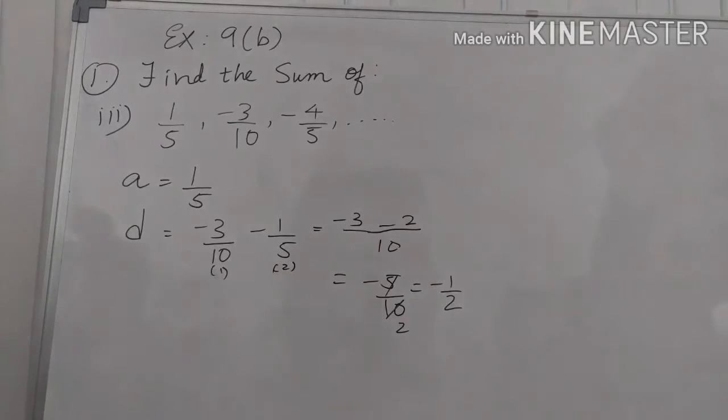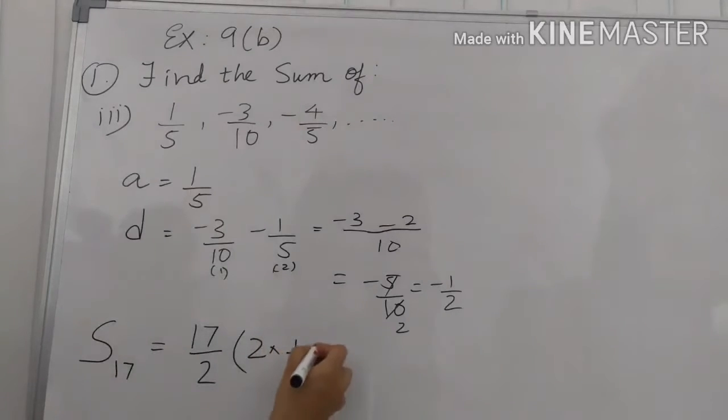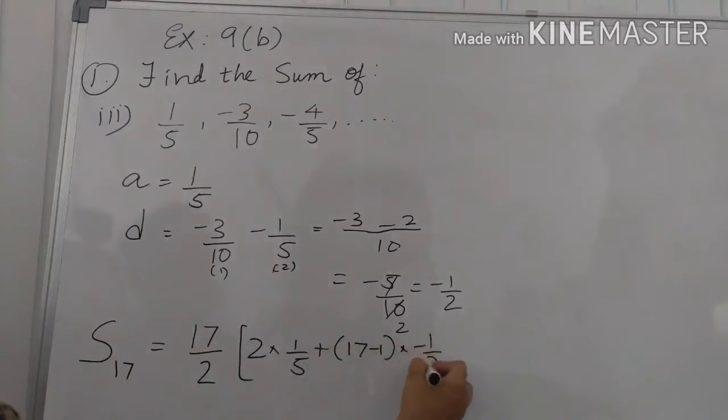Now we want to find the sum of the first 17 terms. So I substitute in our formula n by 2, where n means 17, divided by 2, in the bracket 2a. 2a means 2 into 1 by 5, plus n minus 1. n minus 1 means 17 minus 1, into d. d means minus 1 by 2.